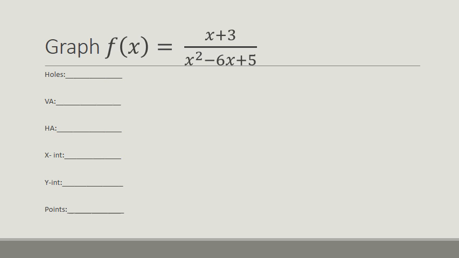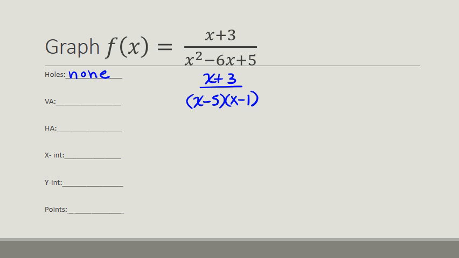All right, so first step to do when I'm graphing is to factor. So the top can't be factored, but the bottom of my function can be factored to x minus 5 and x minus 1. Since none of my factors cancel, there are no holes. Okay.